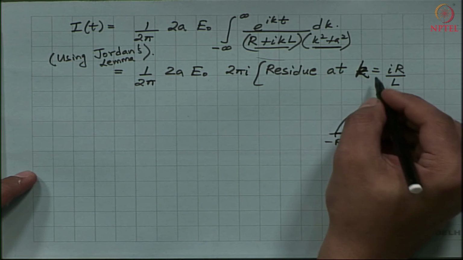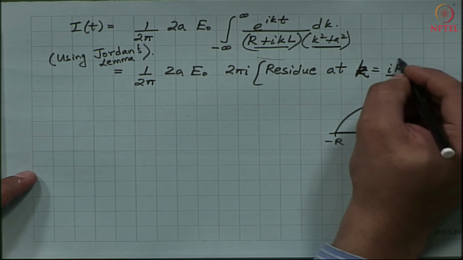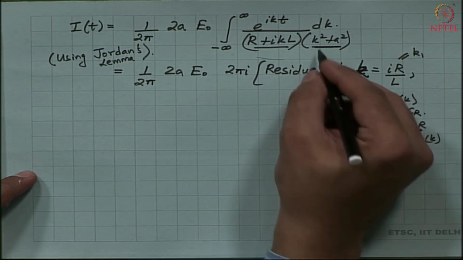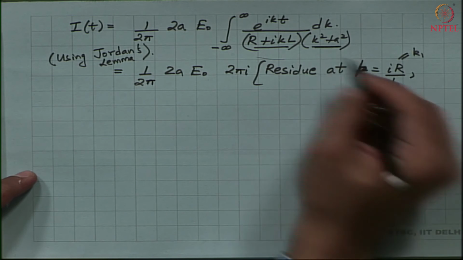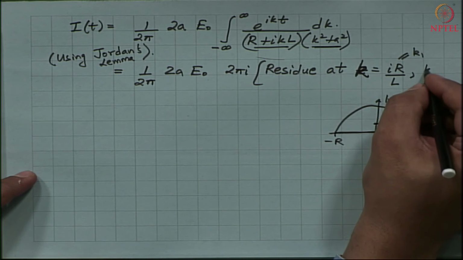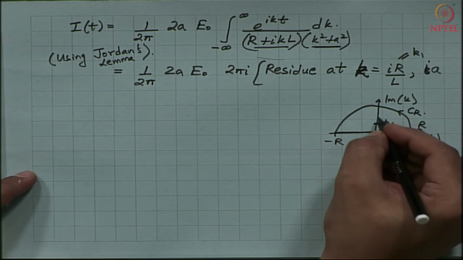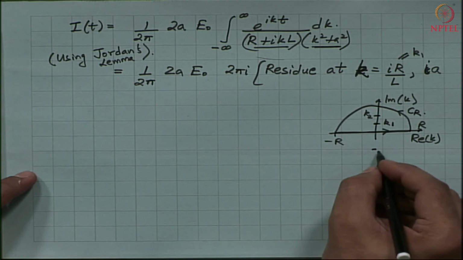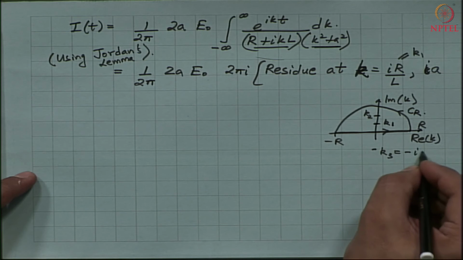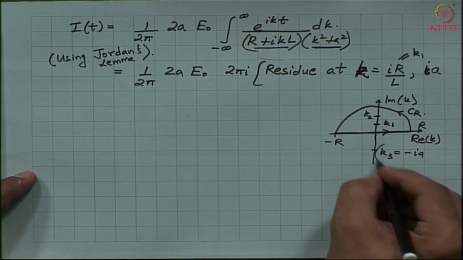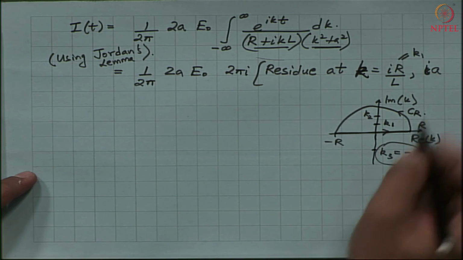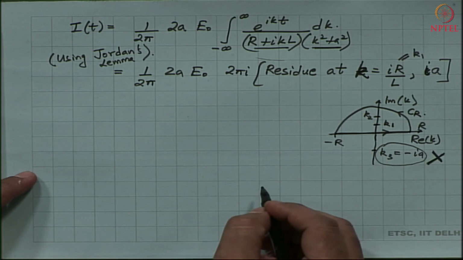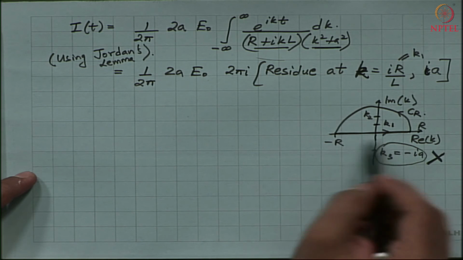So, I see that my k, let us say I denote this by k1, is somewhere here, and there is another root of this polynomial given by k equals ia. So, let us say k2 is somewhere here, and my k3, which is given by negative ia, is on the negative imaginary axis. So, I do not have to count this root at all, because it is not inside this contour.